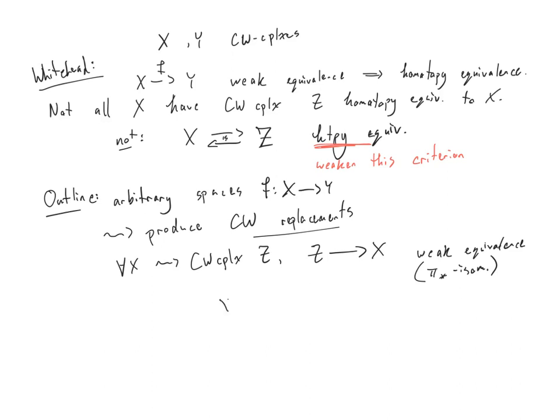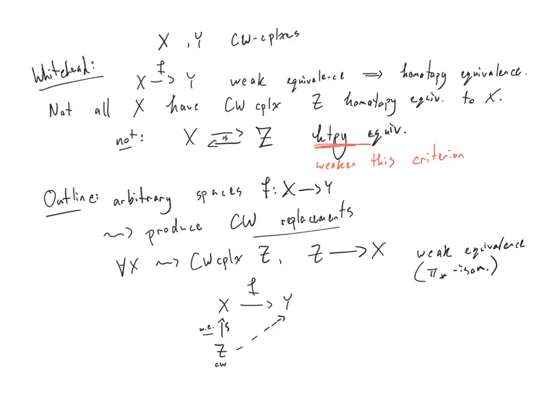So if you have F between X and Y, what you can do is replace X by this Z, which is CW, and then look at the composite to Y, and this here is a weak equivalence, which sometimes people denote just by a single tilde rather than the homotopy equivalent sign.